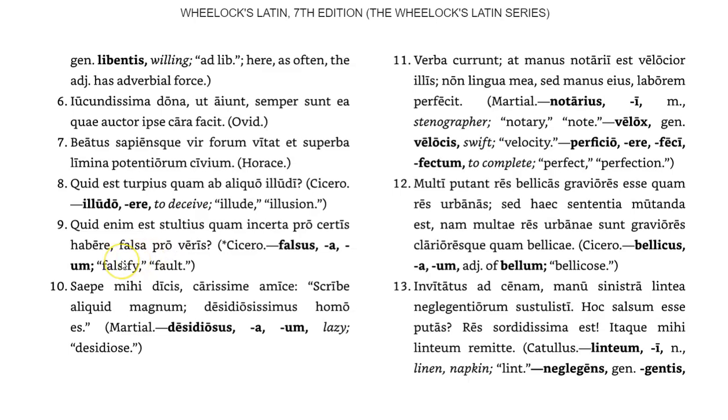All right, so we tend to do 10 of these. So I thought, just focus on this one. This one's kind of interesting. So you don't need to worry about 10, 11, or 13. So, multi putant res bellicas graviores esse quam res urbanas, sed haec sententia mutanda est, nam multae res urbanae sunt graviores clarioresque quam bellicae.